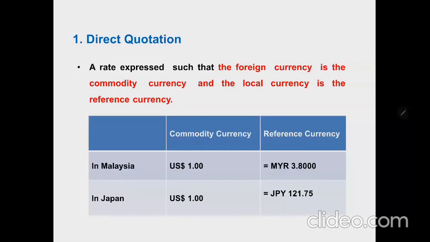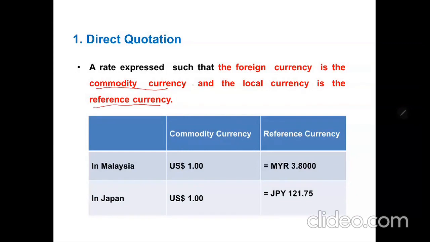Direct quotation. What does it mean? A rate expressed such that the foreign currency is the commodity currency and the local currency is the reference currency. In quoting foreign exchange rates, we have two different currencies. First, the commodity currency, while the other is the reference currency.